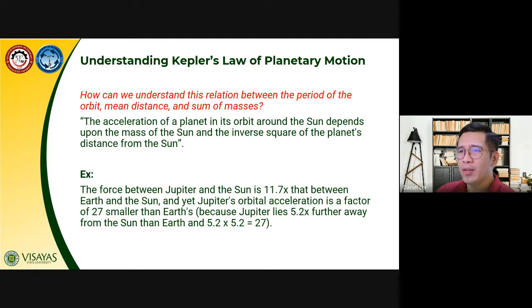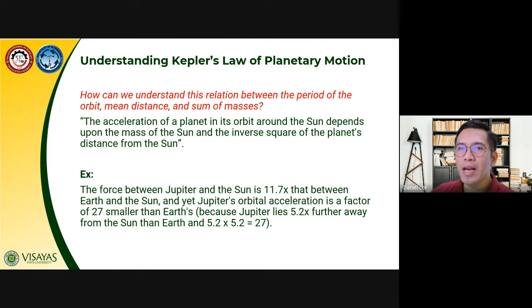So how can we understand this relation between the period of the orbit, the mean distance, and the sum of masses? Just as we have discussed during our discussion last week, we can recall that the acceleration of a planet in its orbit around the sun depends upon the mass of the sun and the inverse square of the planet's distance from the sun.